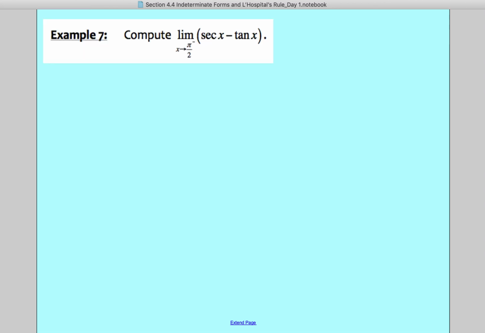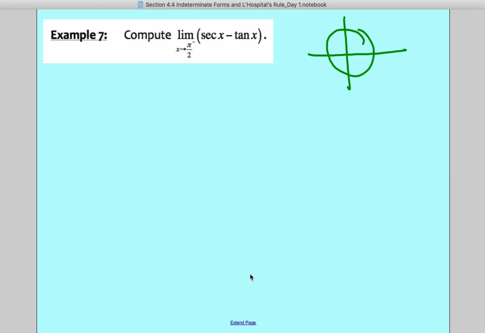And then our last example for today. We have secant minus tangent as x approaches pi over 2 from the left. Tangent really does matter, there is an asymptote at pi over 2. But let's talk about our unit circle first.